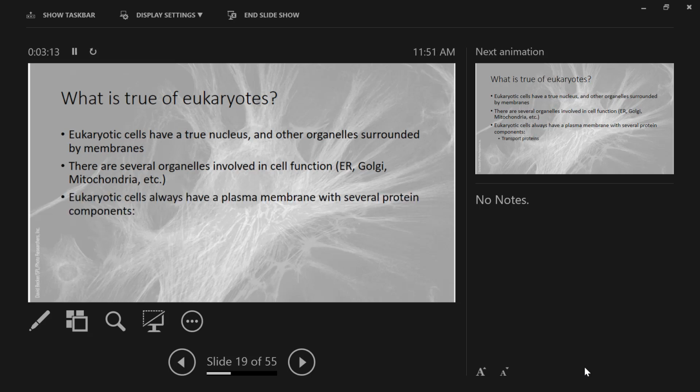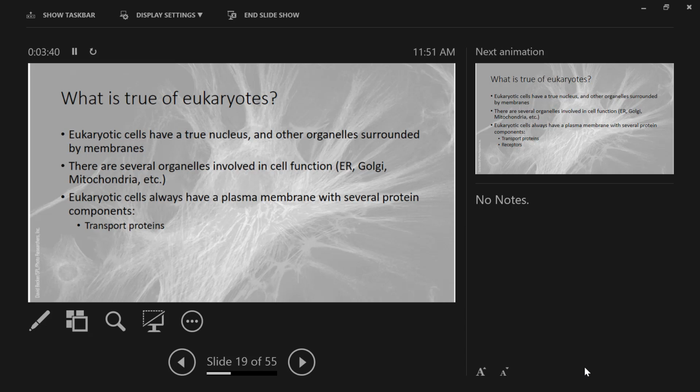Now, eukaryotic cells always have a plasma membrane with these specific protein components. No matter what the eukaryotic cell is, whether it's a liver cell or a neuron from your body, or a eukaryotic cell that came from yeast, a single-celled fungal eukaryote, there are always these three components. One, transport proteins.